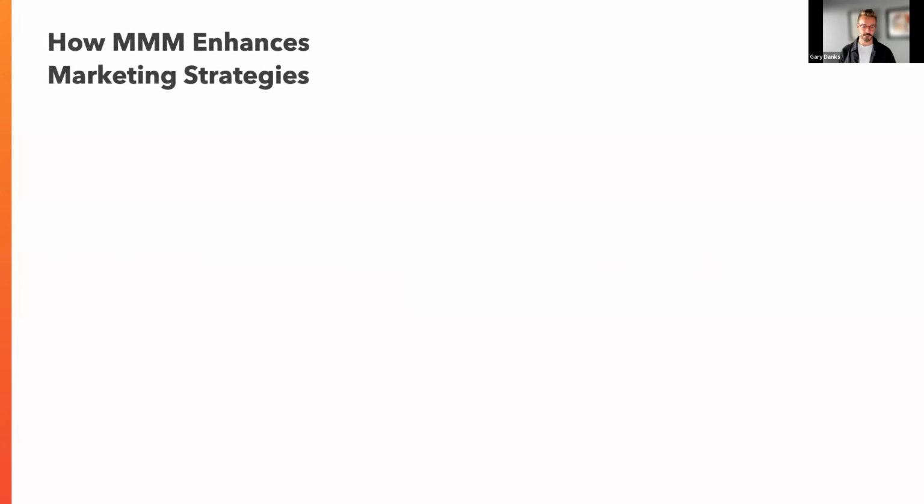So the first one is a bit of a recap on what we discussed in the first session, but it is important to echo what MMM measures. MMM measures, at one level, the influence of your marketing.